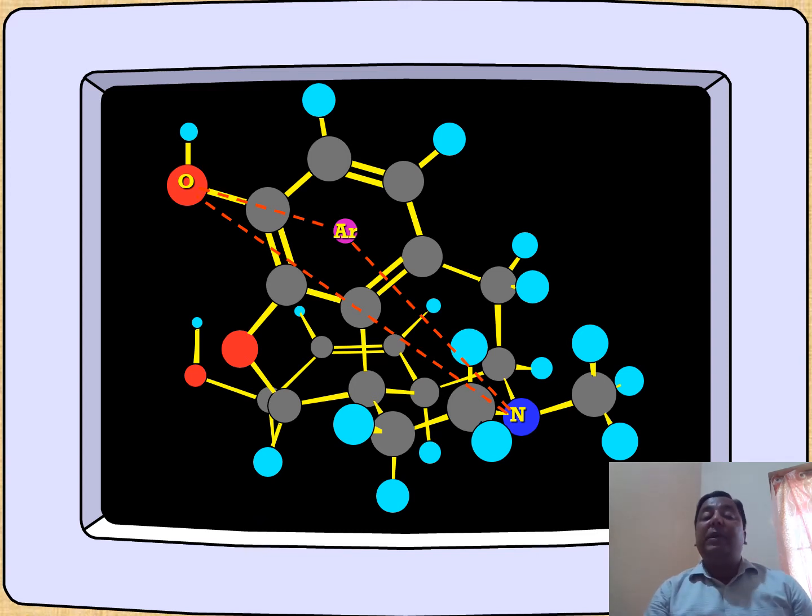and as analgesic drugs, the compound must have these three features: one acceptor, one ring, and another donor atom. If any compound has these three features, it will definitely be treated as a drug for analgesic.